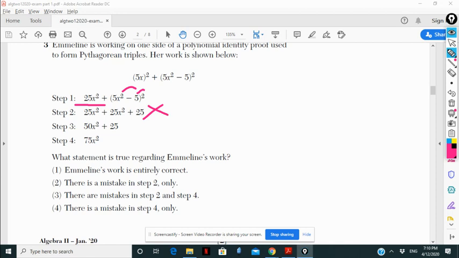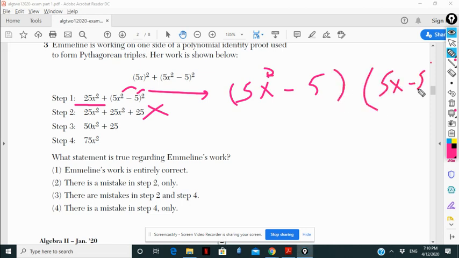This is incorrect because it should be FOIL: (5x minus 5) times (5x minus 5), so I can't distribute the exponent over the subtraction. After that, she combined like terms. That's correct. And here she added unlike terms, so that's incorrect too. So she made a mistake in step number 2 and step number 4. Now, which statement is true regarding Emmeline's work?